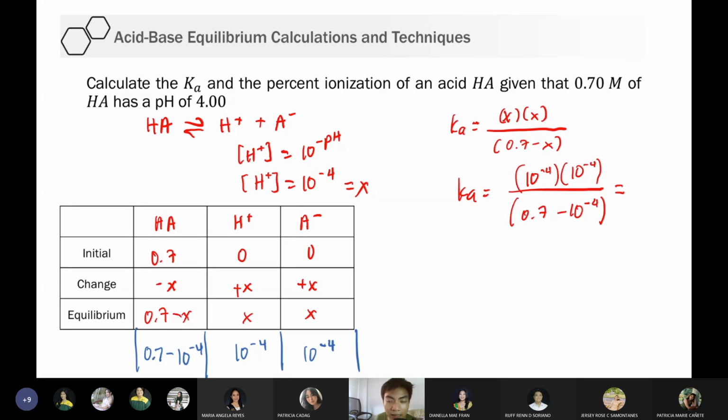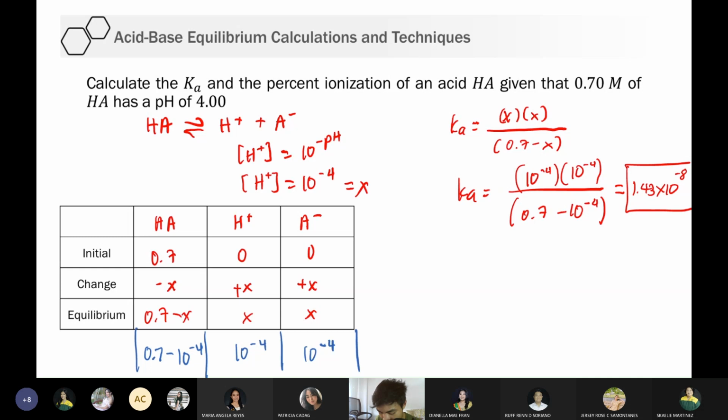What will be the Ka? So the Ka is 1.43 times 10 raised to negative 8. O, diba?